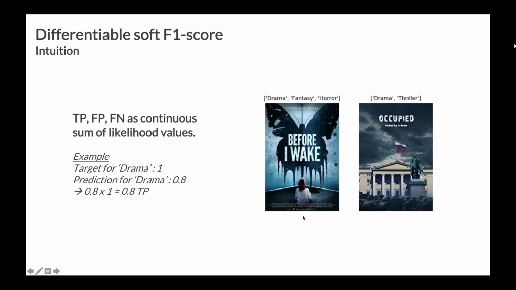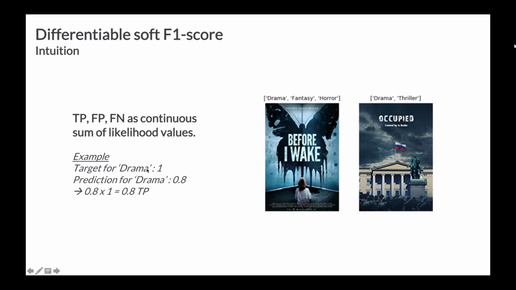I continue. So here, to adapt to this solution, we are going to embed the F1 score into the loss function. You can think of true positives, false positives, and false negatives as continuous sums of likelihood values.